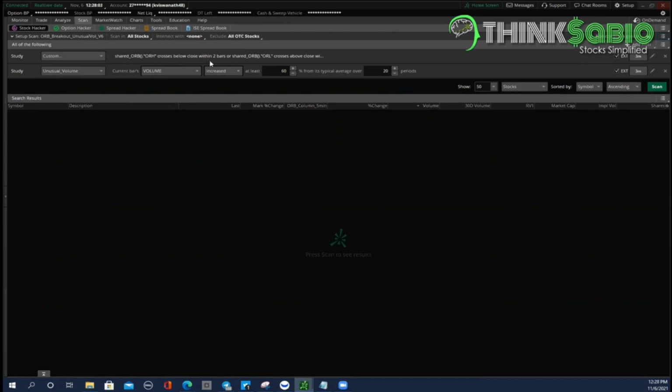So when the bar crosses the opening range high, or the bar crosses the opening range low within the last 2 bars, and then I'm also adding a volume because this is price, right? Price is good, all good. So what I'm also adding is another study here, like unusual volume.